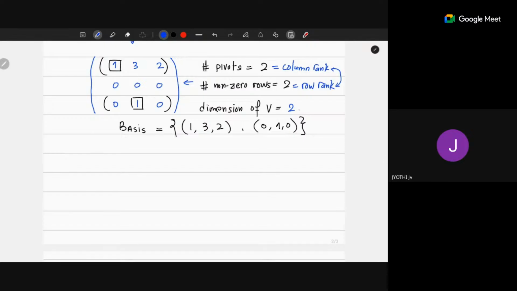Now, in this matrix, you can think that there are three entries in a row, but there are only two pivots. So there is a gap of one. Okay, so there is one missing.